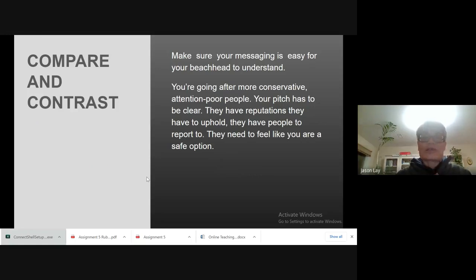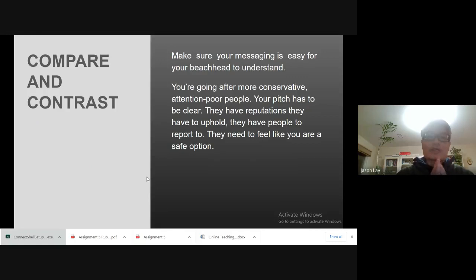Now, compare and contrast. You have to make sure your messaging is easy for your beachhead to understand. You're going after more conservative, attention-poor people. Your pitch has to be clear. They have reputations to uphold. They have people to report to. So they need to feel that you are a safe option.